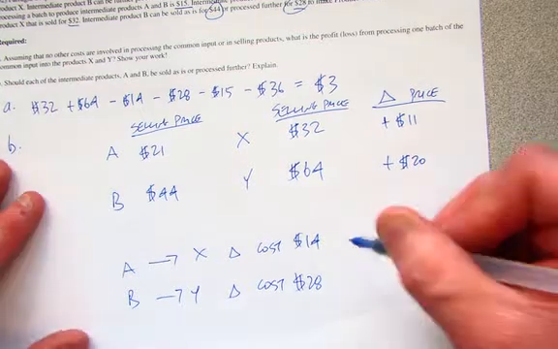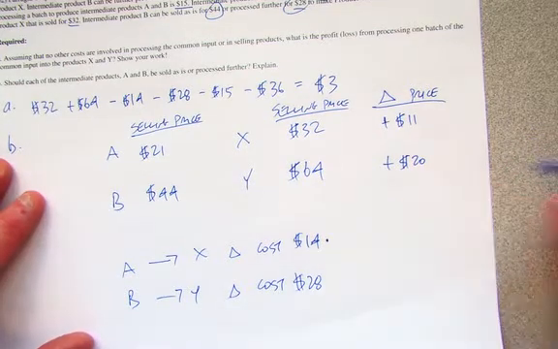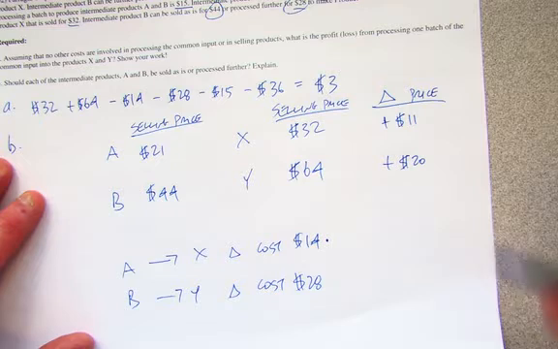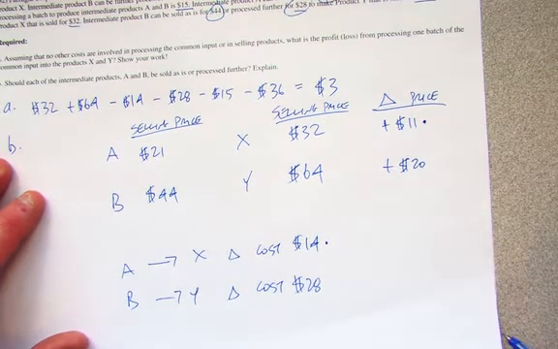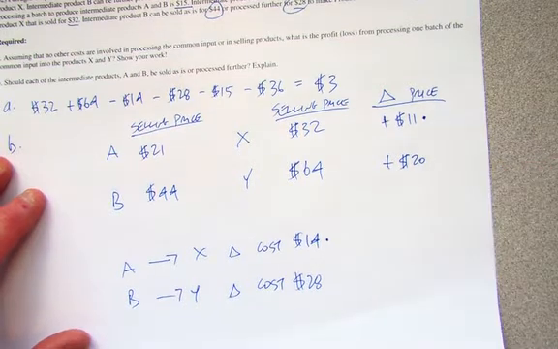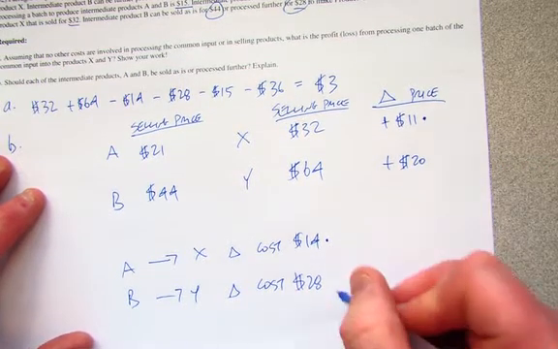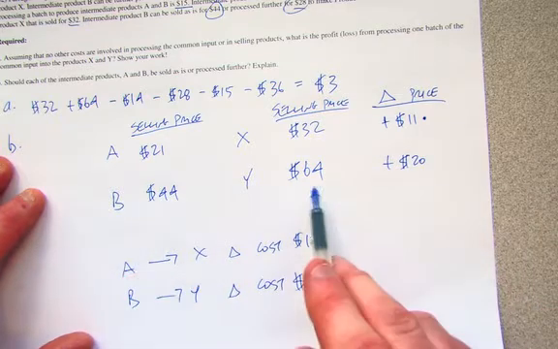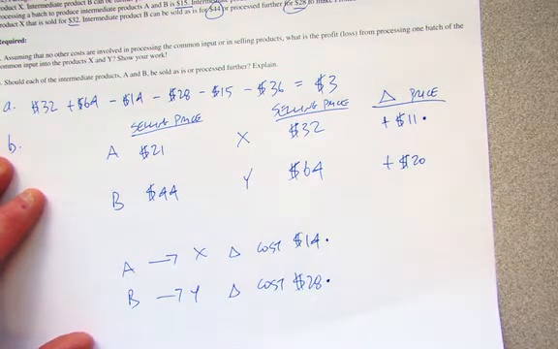So now we're getting to the critical question. Should we spend $14 to process A into X so that we can get $11 of additional revenue? And the answer is clearly no. Why would you spend 14 to get 11? Similarly, should we spend $28 to process B into product Y in order to get $20?